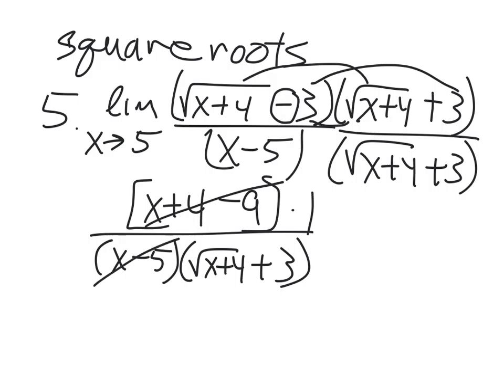We're left with 1 in the numerator over that denominator, and now we can plug in the 5 and get our value for the limit. So lots and lots of algebraic ways to evaluate limits. Those are the 3 main ones. Okay. And we also looked at evaluating a limit from a graph.